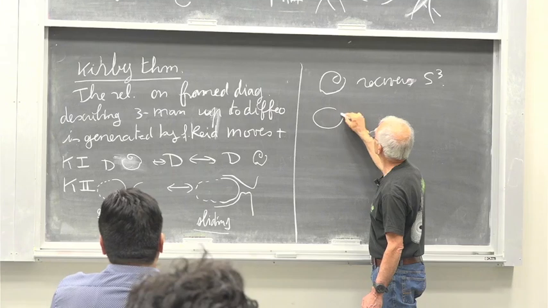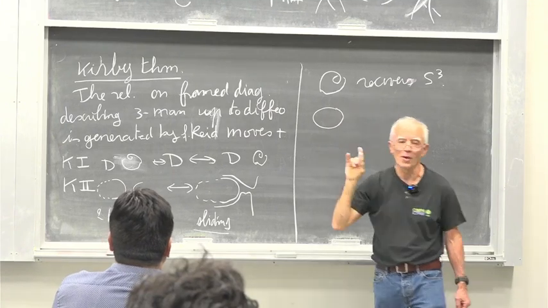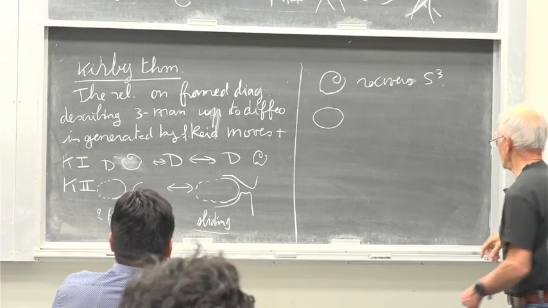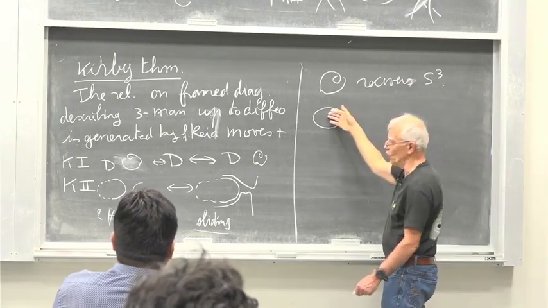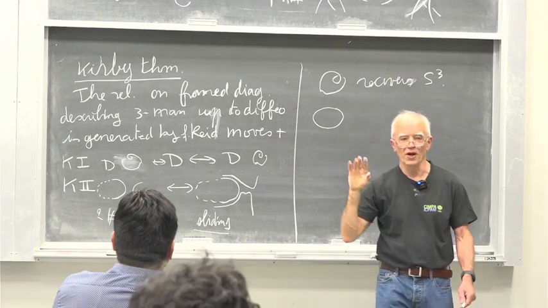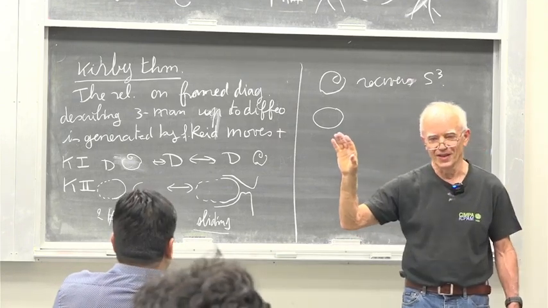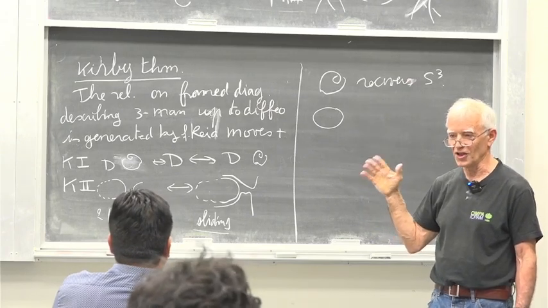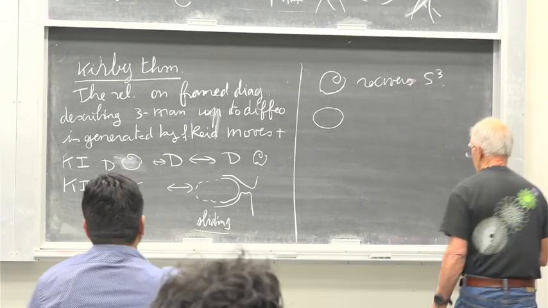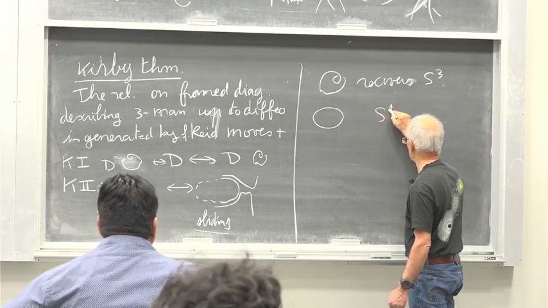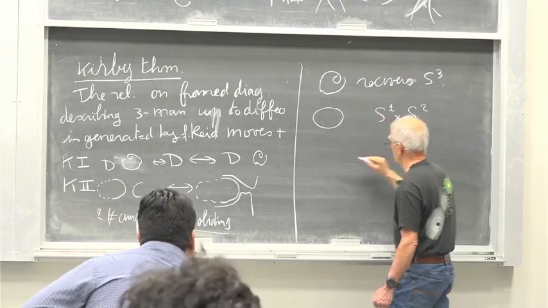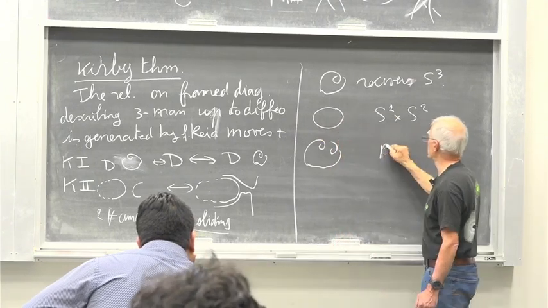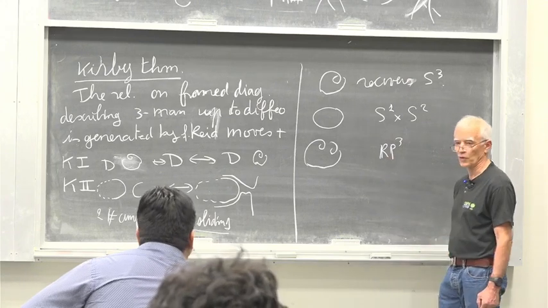This guy is probably the only one you could understand quickly, because when you remove a D2 times S1, the complement will be an S1 times D2. So this will give you the double of S1 times D2, which is S1 times S2. So this you can see. And here you have to believe me that this guy gives RP3.